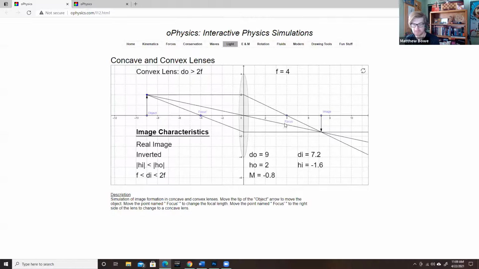It's over here. This should be +4. That's why this is on the right. If you're having problems with this, just let me know. But you think of it as the total distance to the lens for this object distance.